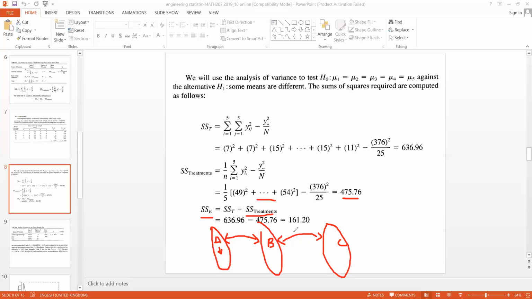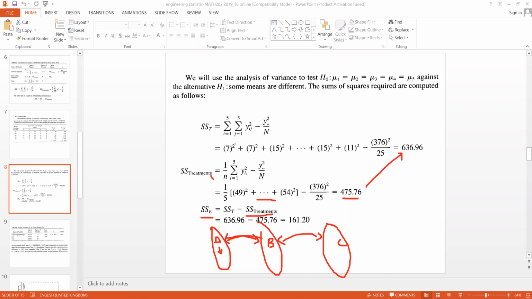Okay, good. On that point, you should also take note that there is no way you find the sum of squares treatment greater than the sum of squares total. The sum of squares treatment is the error just between or among the treatments, while the total is the errors among the treatments plus the errors within the treatments.